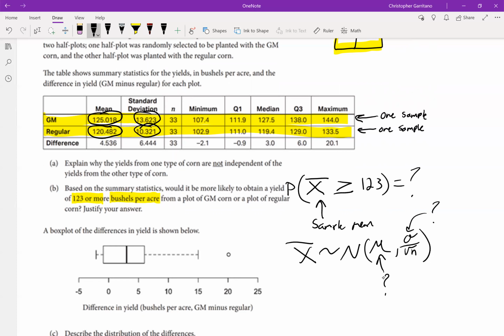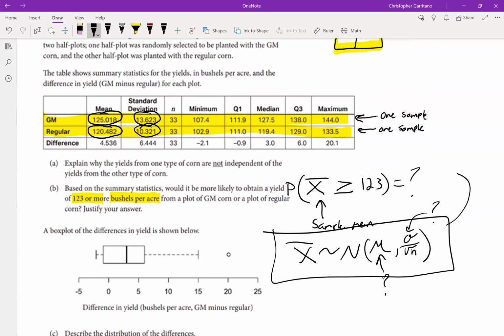And I think if you go about it that way, and if you claim that we're talking about sample sizes that are greater than 30, I think it would be okay to approach the problem this way.